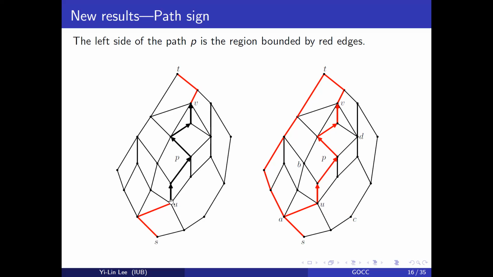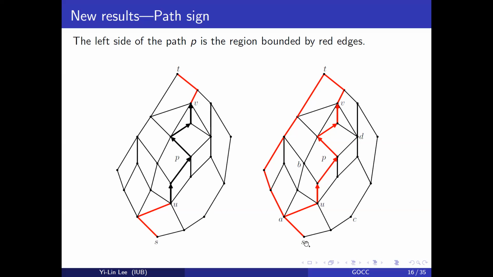And we define the left side of the path as a region bounded by the following edges. These edges are the leftmost path going from the source to U, together with the path itself, and the leftmost path going from V to this sink T, together with the whole left boundary of the graph.